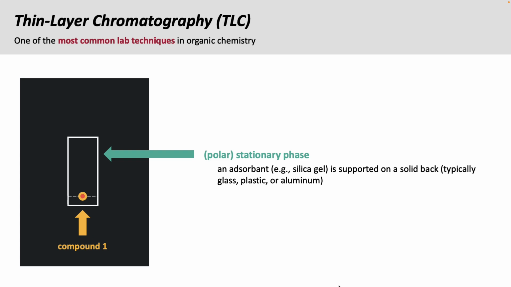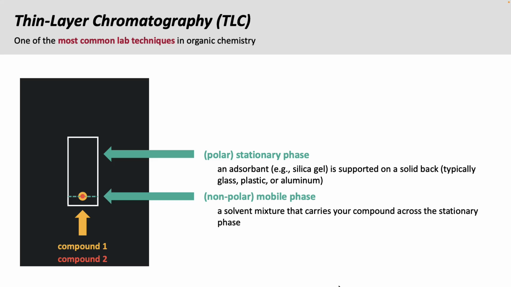So onto this stationary phase, we will load our compound or mixture of compounds. So here I have a mixture of compounds 1 and 2. And then we will add into this a mobile phase. And if our stationary phase is polar, we will use a non-polar mobile phase.